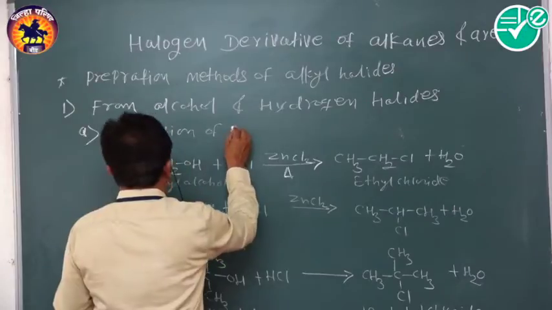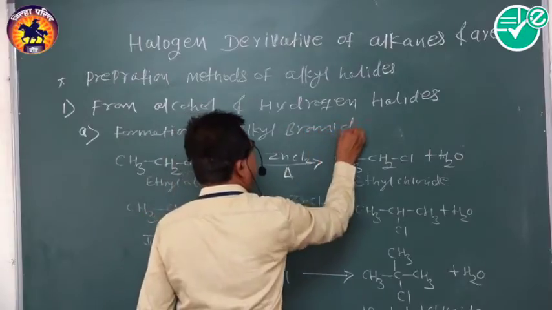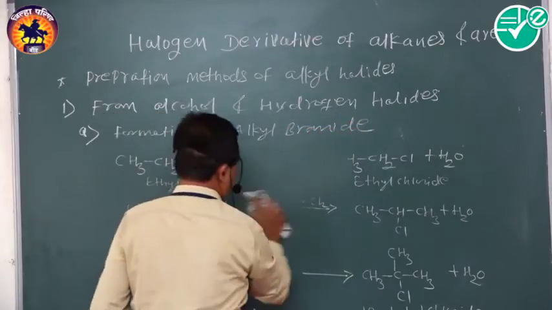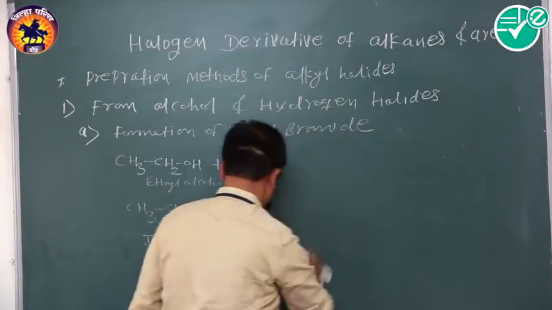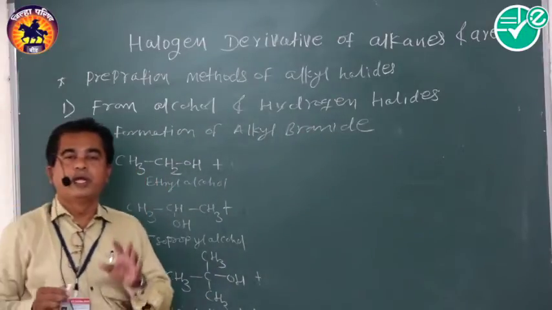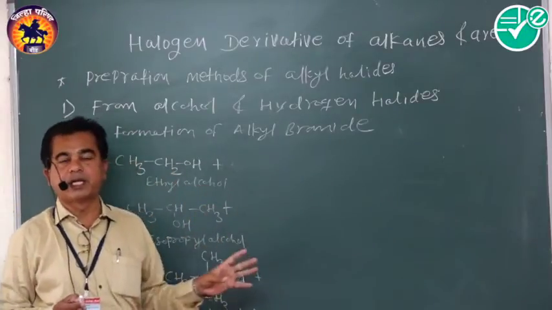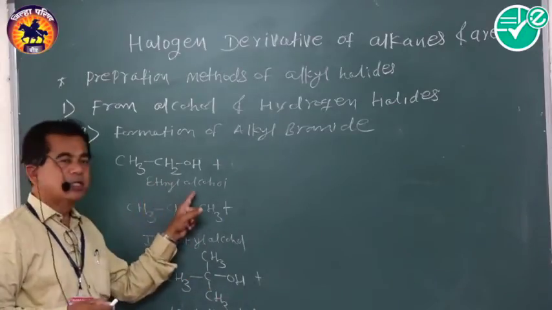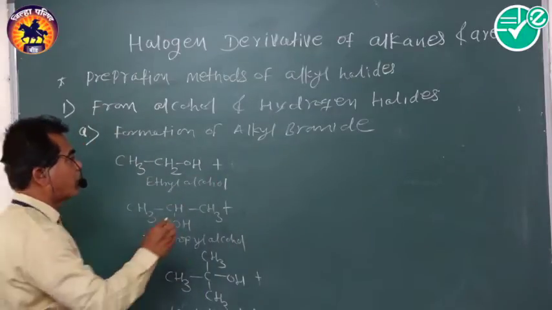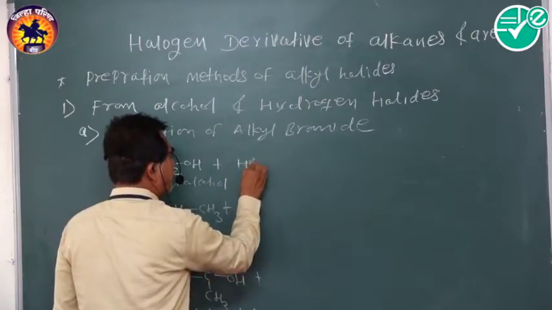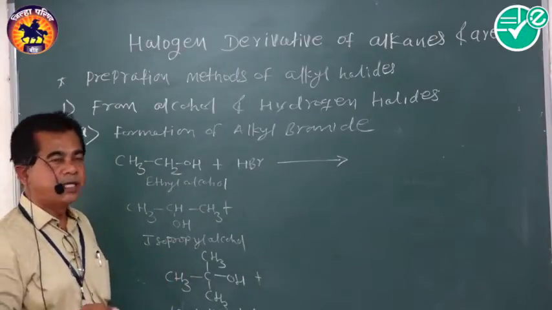Then we also prepare by this method the formation of alkyl bromide. Here also we require the primary alcohol, secondary alcohol and tertiary alcohol to prepare the primary alkyl bromide, secondary alkyl bromide and tertiary alkyl bromide. First, ethyl alcohol as a primary alcohol we take and react with concentrated hydrobromic acid, HBr, in the presence of sodium bromide and concentrated sulfuric acid.